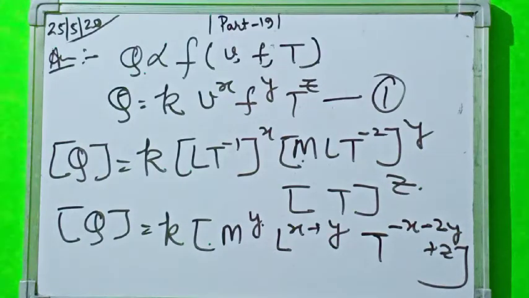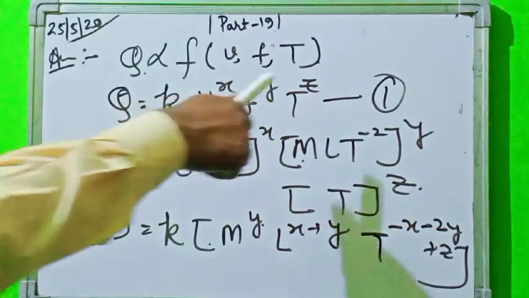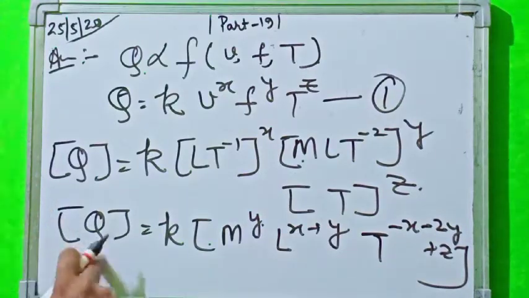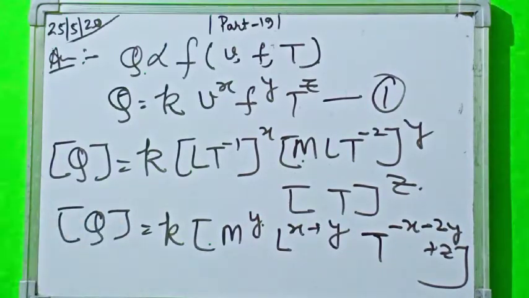Clear? This is the relationship with the dependent variables. We have shown the relationship. Now, first of all, in case A we are considering Q as mass, and in the second case we are considering Q as energy, and then finding the values of x and y for both cases.